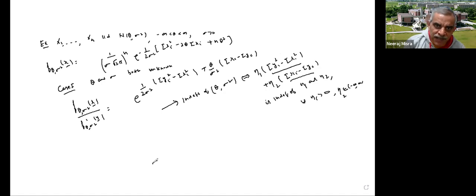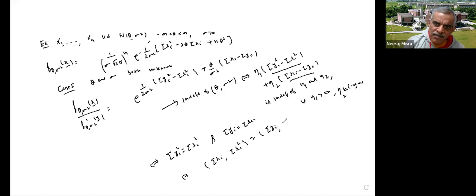That would happen if and only if summation yi square is the same as summation xi square, and summation yi is the same as summation xi, which is equivalent to saying that (summation xi, summation xi square) is the same as (summation yi, summation yi square).